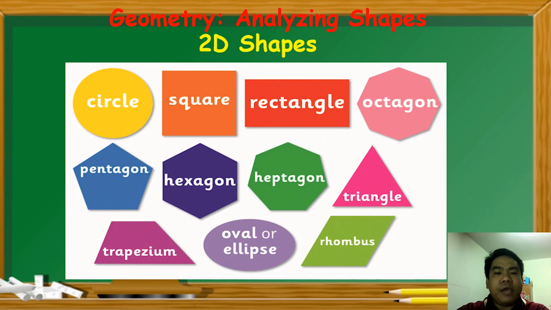Okay, these are 2D shapes. We have circle, square, rectangle, octagon, pentagon, hexagon, heptagon, triangle, trapezium, oval or ellipse, and rhombus. So these are our 2D shapes.